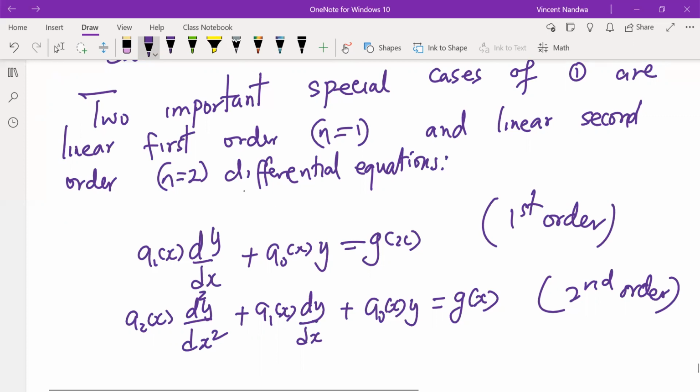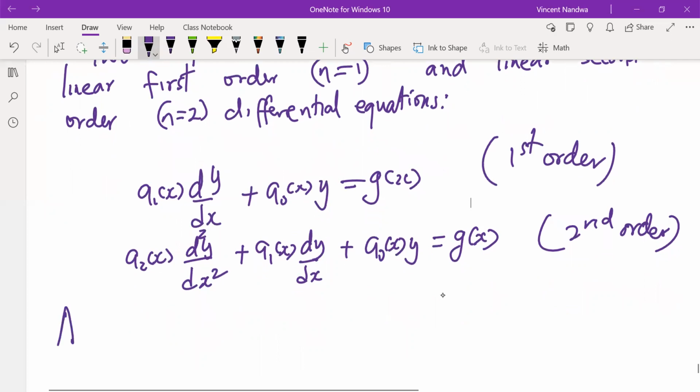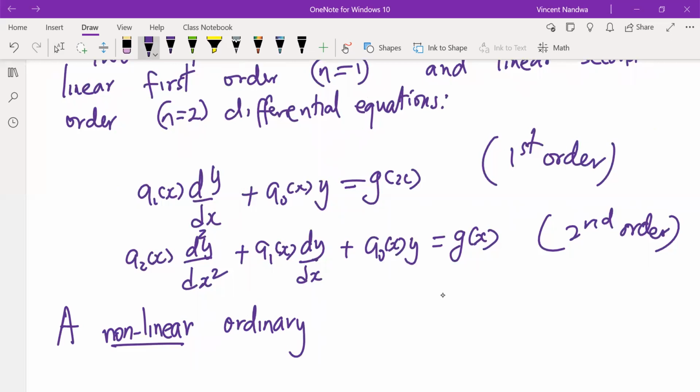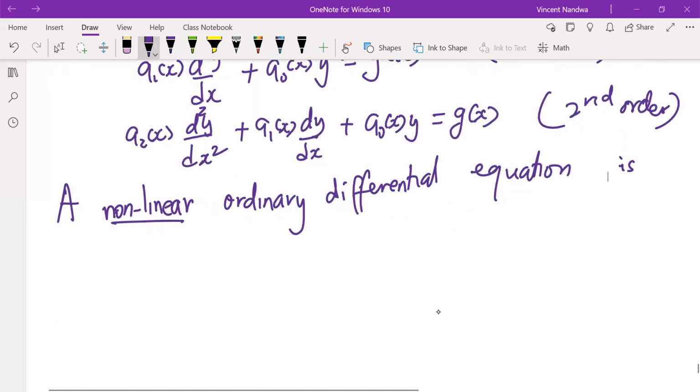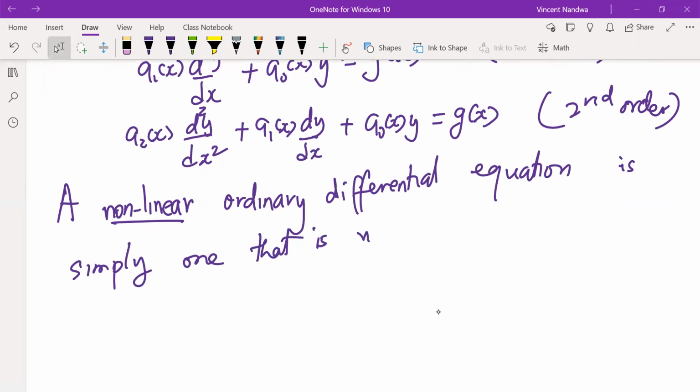And then a nonlinear ordinary differential equation is simply one that is not linear.